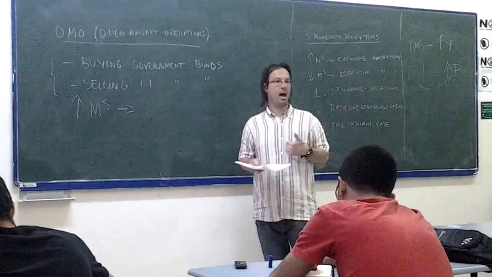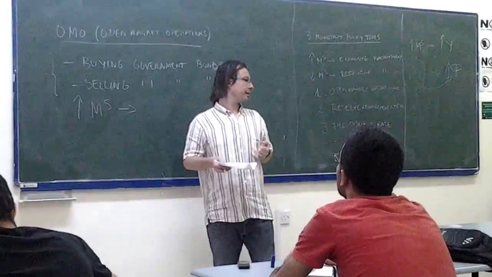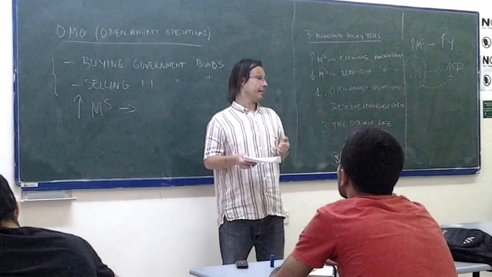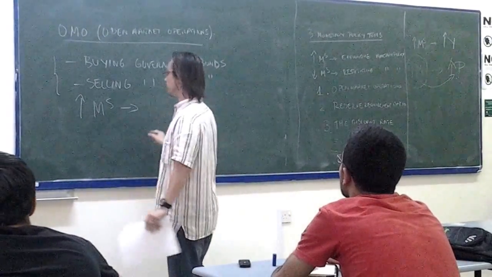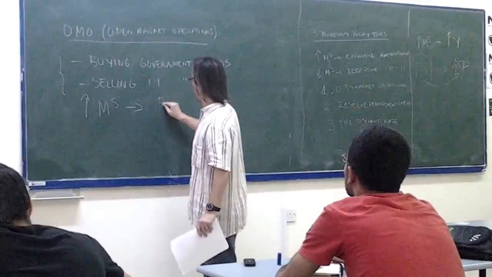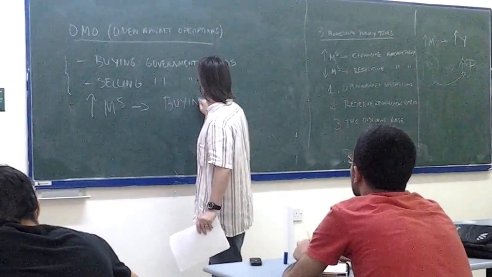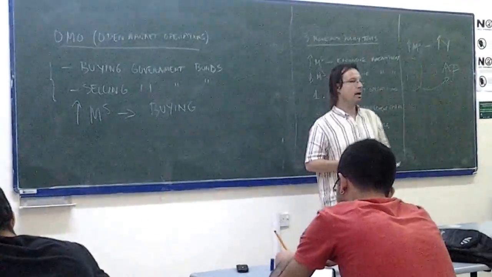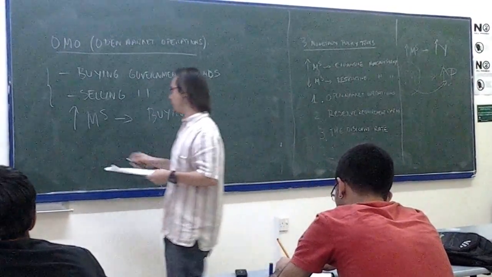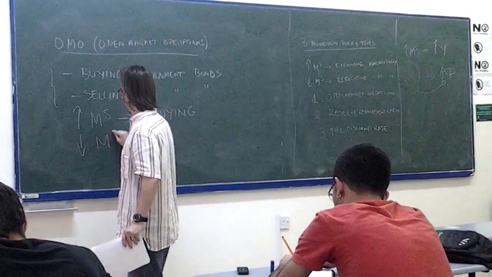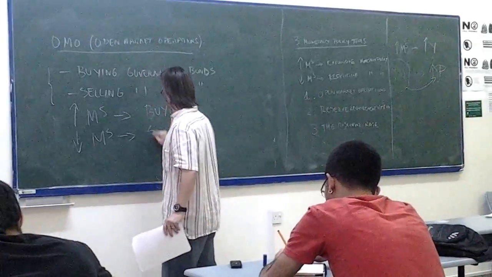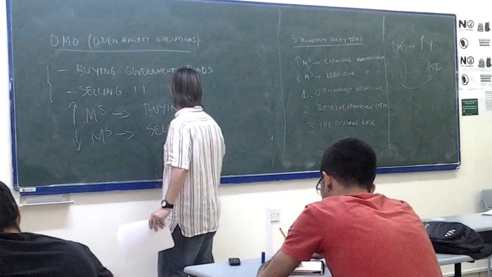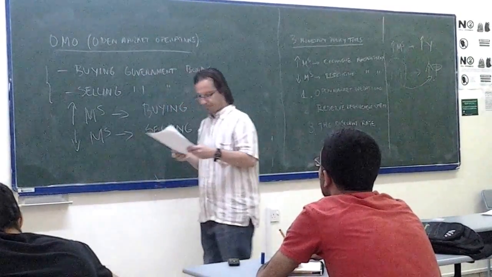They are taking money out from the public. So if we want to increase money supply, we buy government bonds. If we want to decrease money supply, we should do the opposite operation: sell government bonds. Okay?